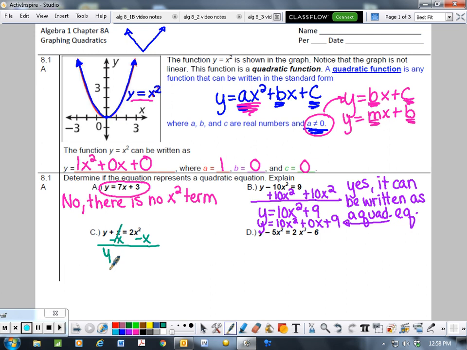So now we have y equals 2x squared minus x, and then plus no number at the end. And see, now that's written in that quadratic equation. We've got our x squared, we've got our x, we've got our constant. And so yes, this is a quadratic, because it can be written as a quadratic equation.